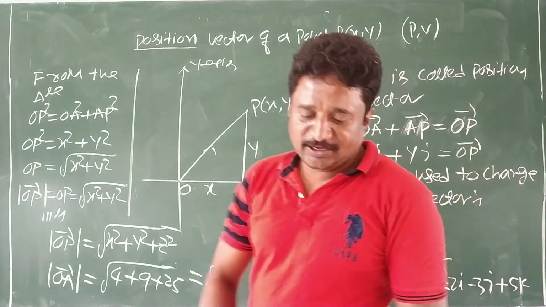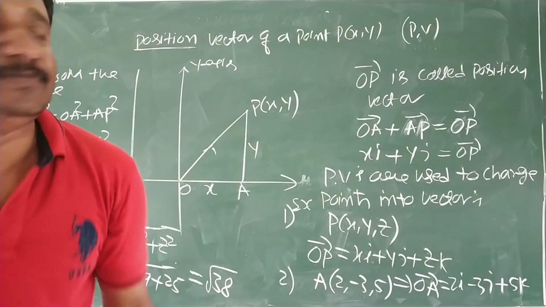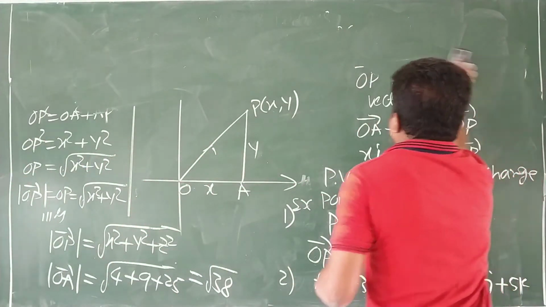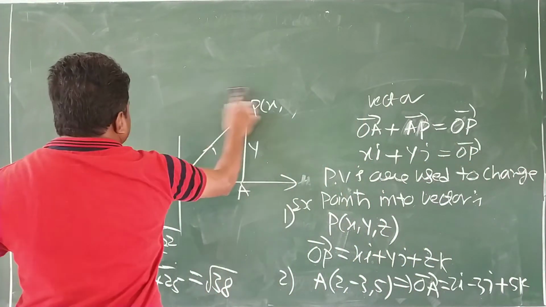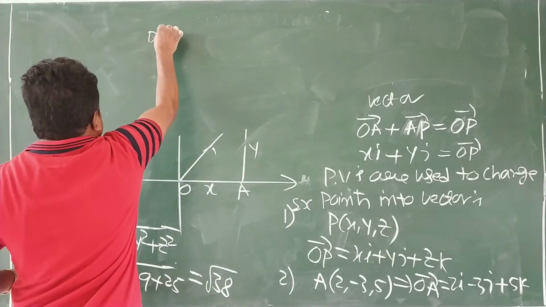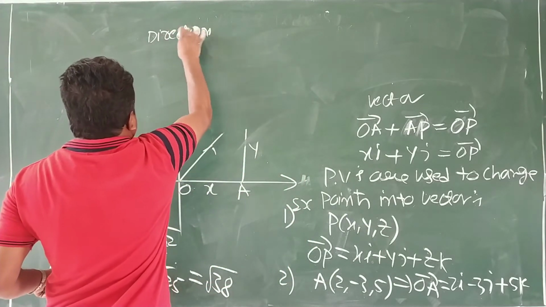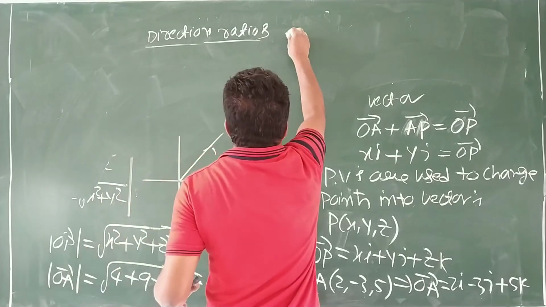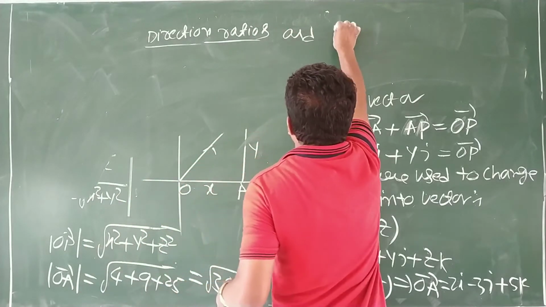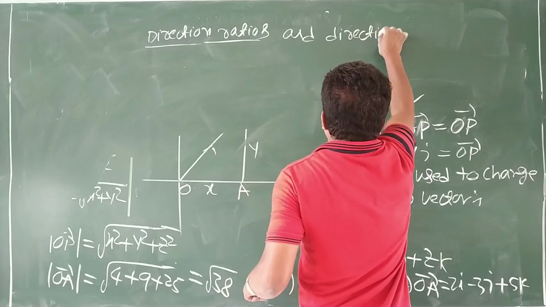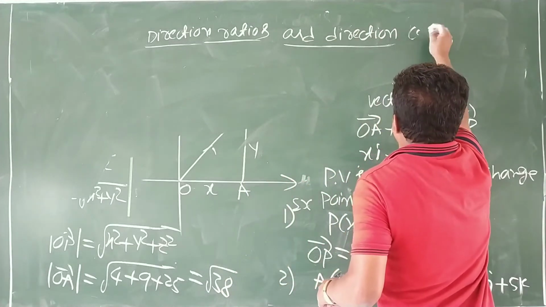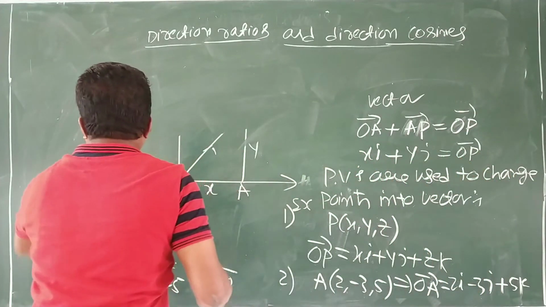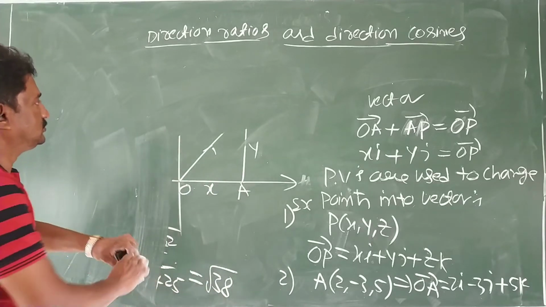Let us go for direction ratios and direction cosines. Direction ratios, DRs in short form, and direction cosines, DCs.